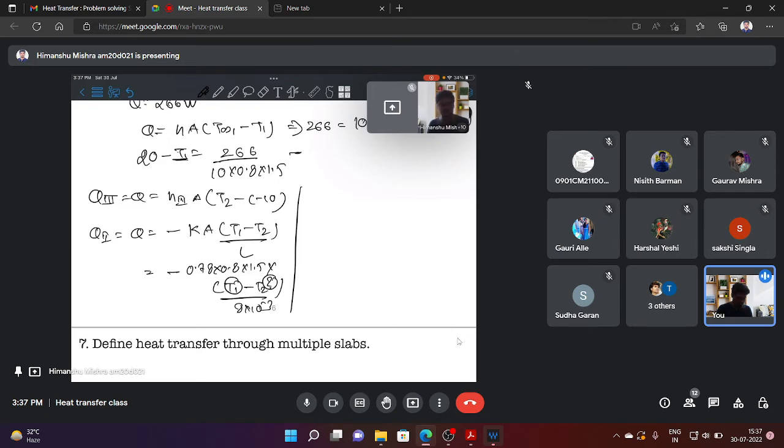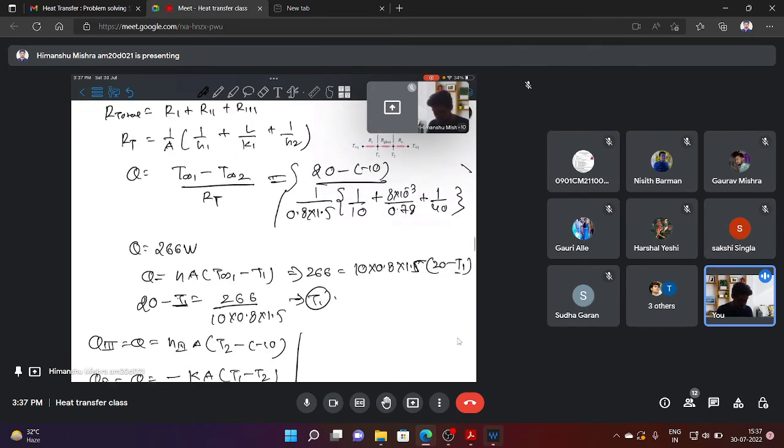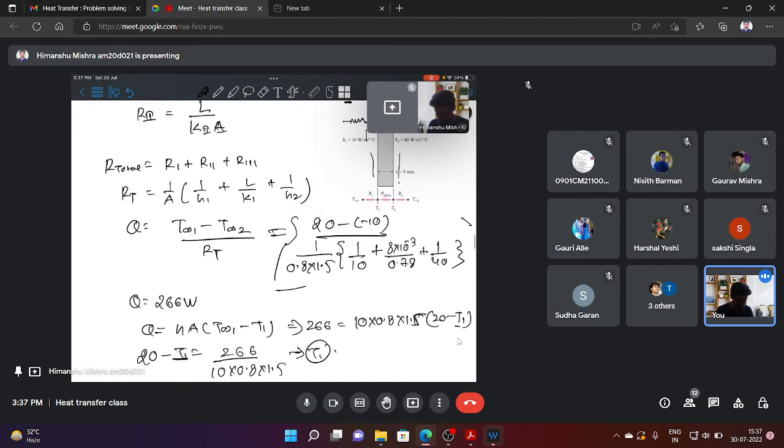So we can get the T2 relation from here or here, and the T1 relation from here, and we already obtained the heat transfer from the resistance formula. So, any doubt on this?